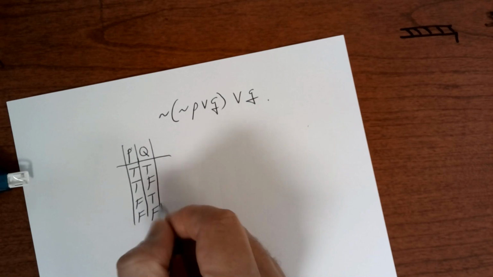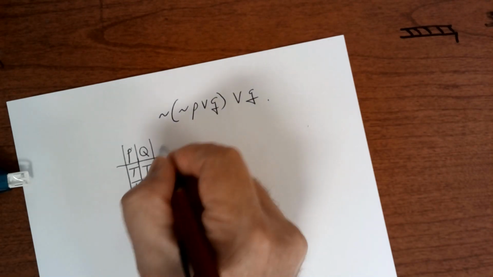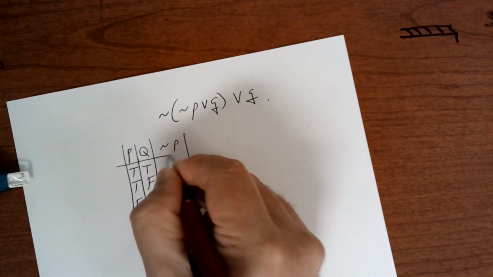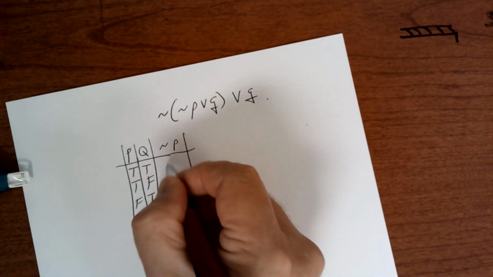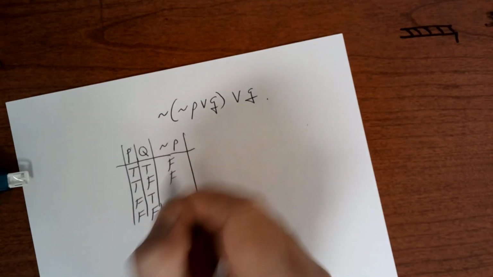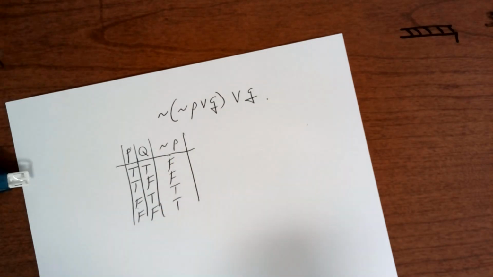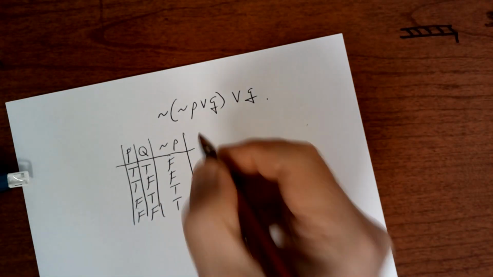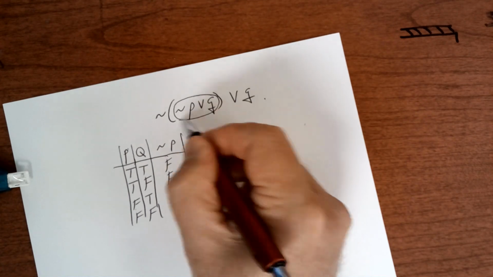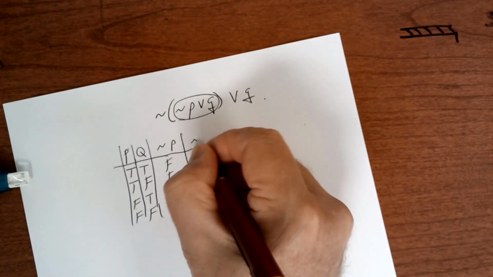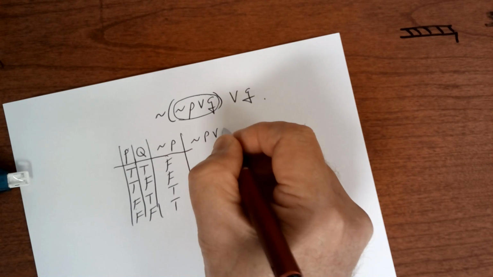Those are the four possibilities. Now we want to say not P. Here's P. So that would be false, false, true, true. Okay, now that we have that, let's go to the next part, which would be this one. So let's do not P or Q.